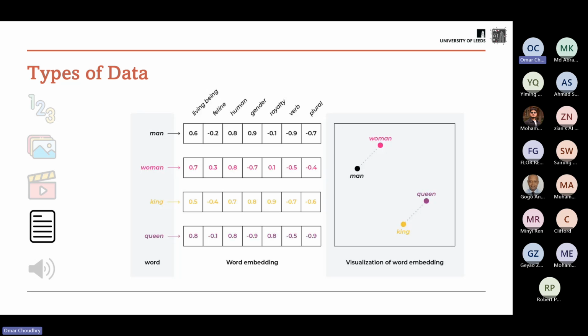As an example for king, you see it's very high for royalty. It has a very high score in royalty. And these would be between -1 and 1. So 1 would be a really high, strong correlation, and let's say -1 is a very weak correlation.